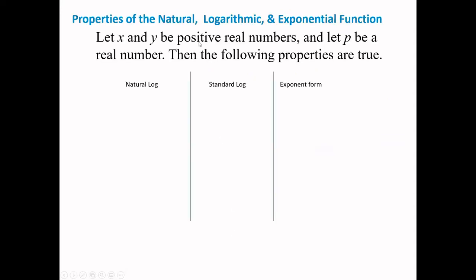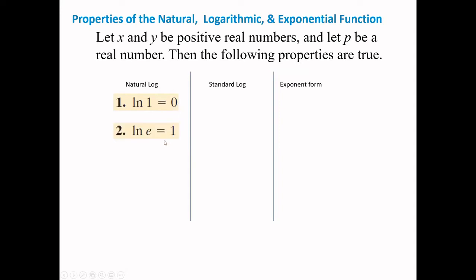Okay, now we're doing a little bit of review. We're going to take some positive numbers and let p be a real number. We're just going to review our properties so far. Natural log of 1 is 0.